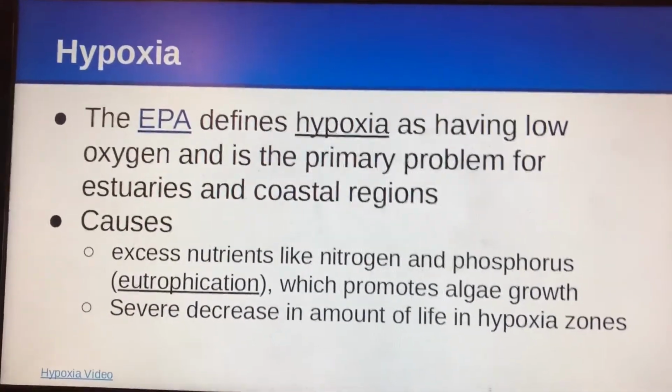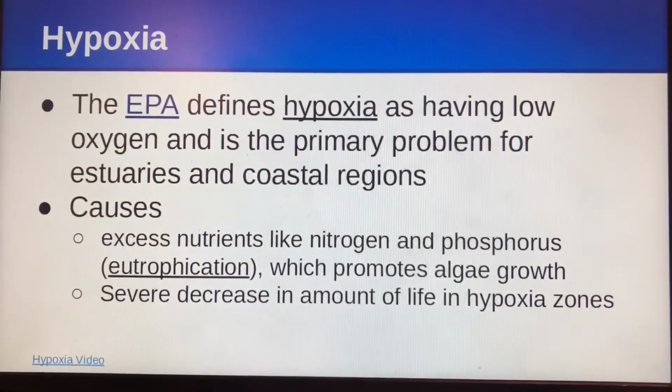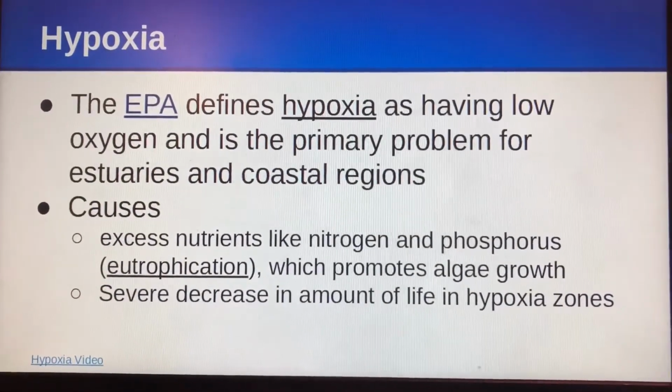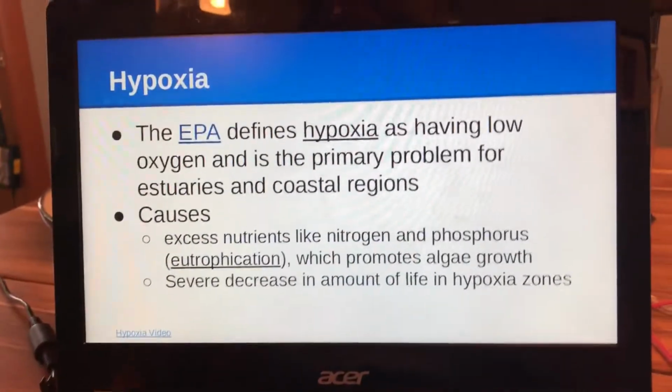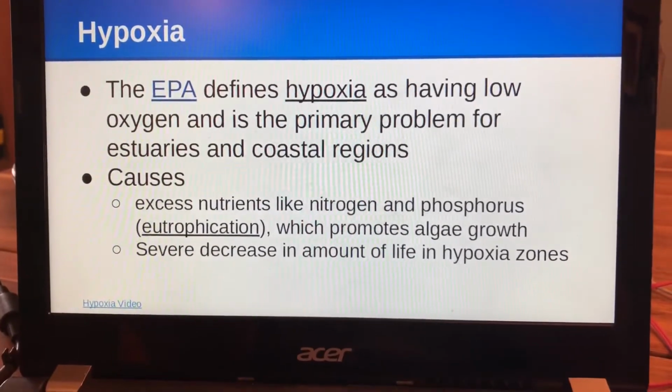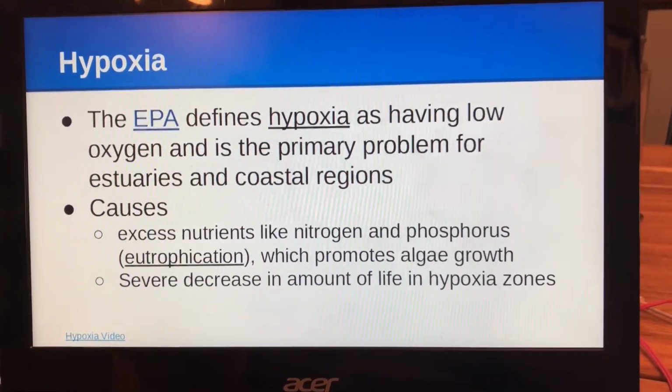In addition to that, sometimes the algae species themselves can cause lots of pollution. There are some that give off neurotoxins. So any animal that swims through the cloud of algae will die.